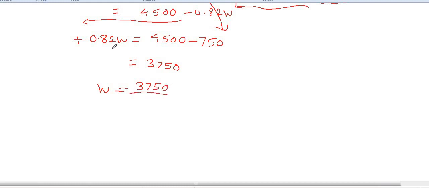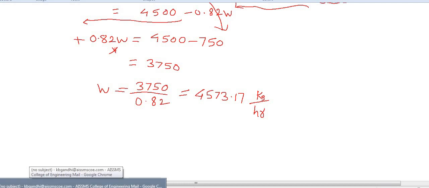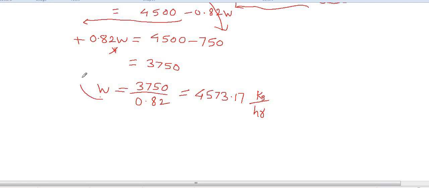Here it is multiply, so here it will be divide. Please operate the calculator, you will get this value 4573.17 kg per hour. So the flow rate of waste is 4573.17 kg per hour.